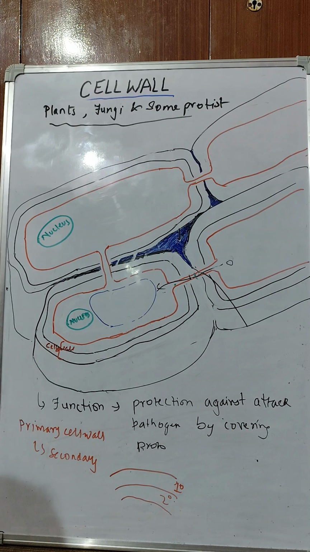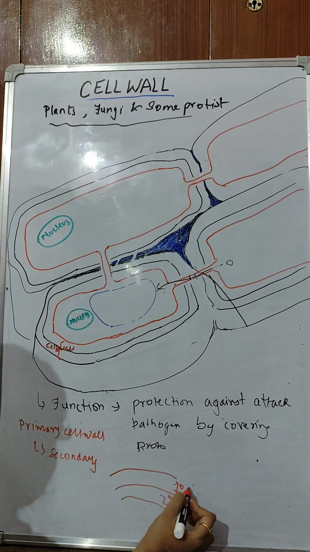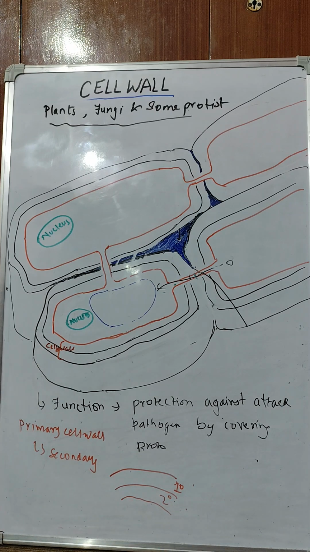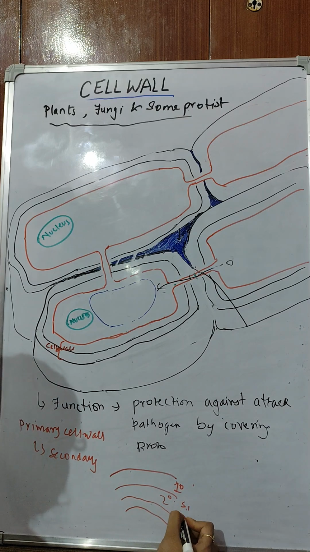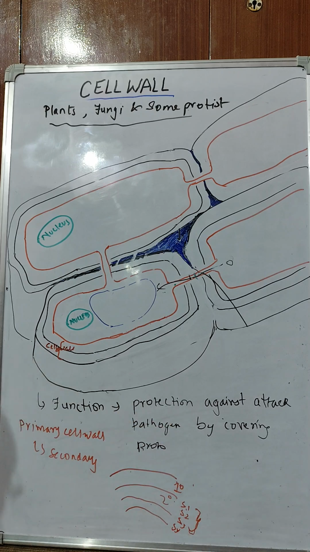Some cells like leaf cells or fruit cells contain only primary cell wall, they do not contain secondary cell wall. But cells like collenchyma, parenchyma of the trees and plants contain primary, secondary as well as tertiary cell wall, all inner to each other, S1, S2, S3, Sx. So in this way they keep on forming with age.